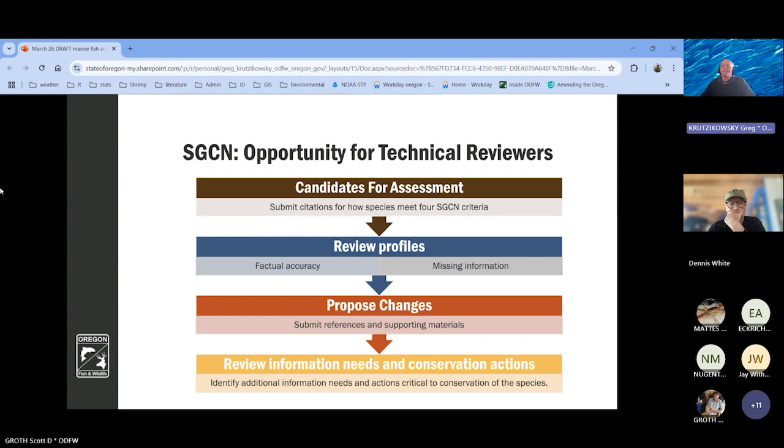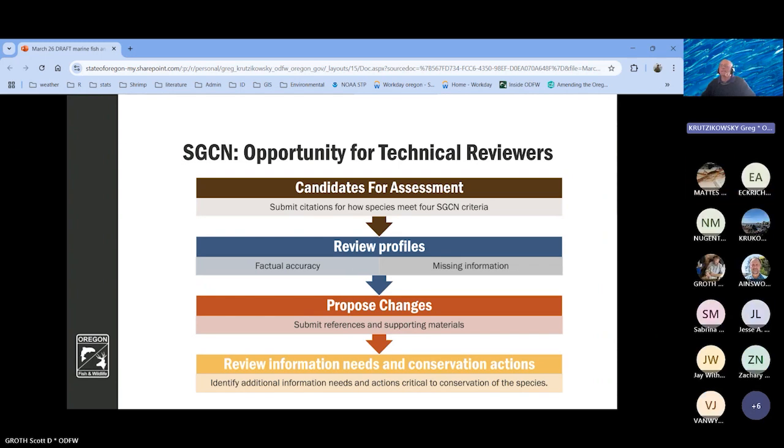For species in these draft lists, we are looking for technical partners to review the profiles for factual accuracy, missing information, and being current. For any proposed changes or additions, we ask that reviewers submit peer-reviewed references and supporting materials that can help inform final decisions.